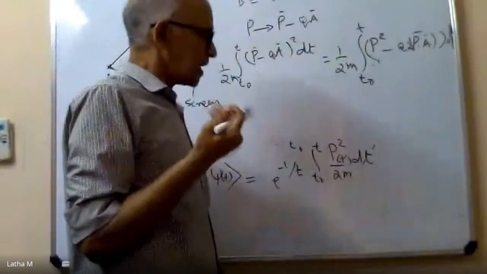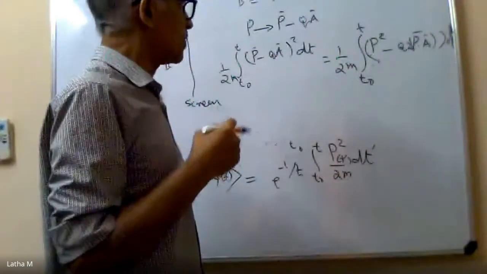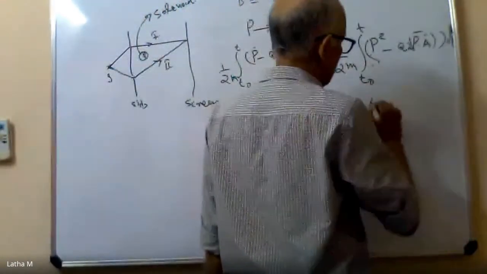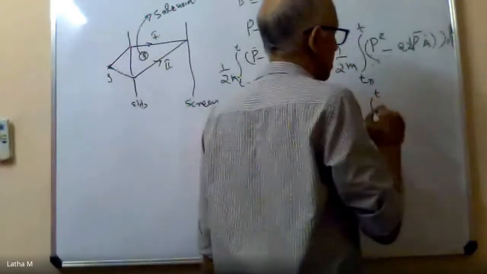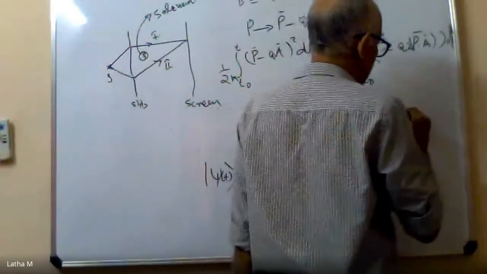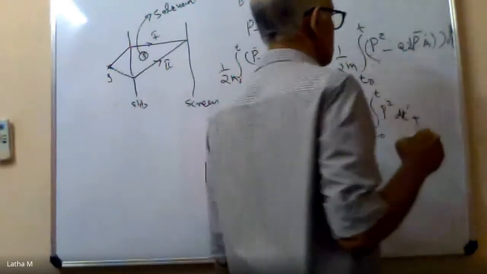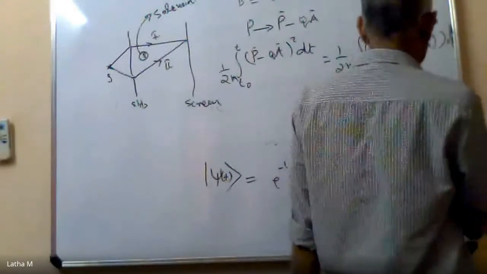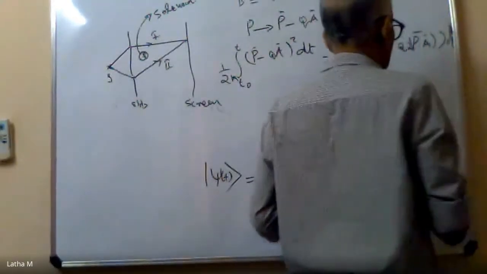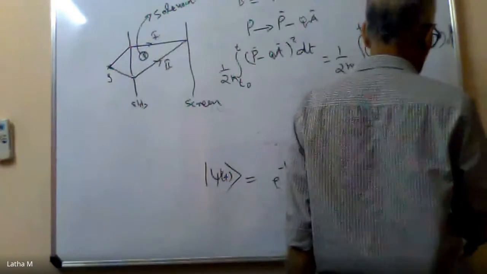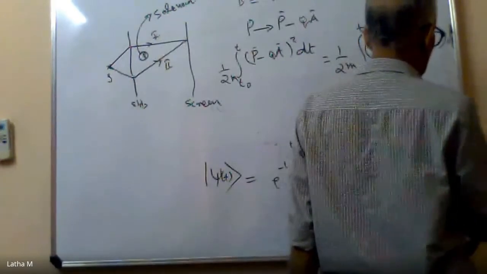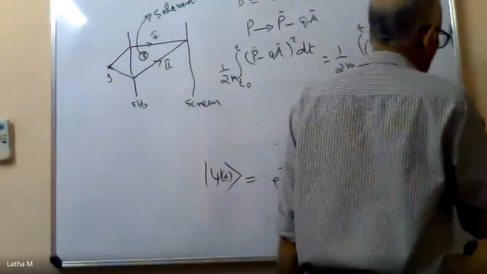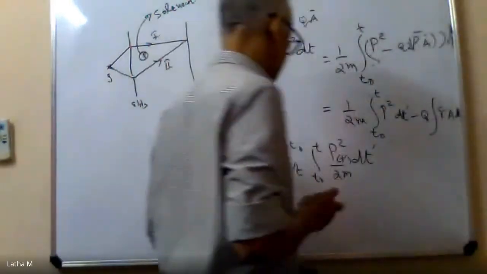I omitted that. I assume that this A is very small. I can omit that A square, and this is equal to 1 by 2m integral from t0 to t of P square dt' plus minus q, r dot, that is m r dot, dot A dt.